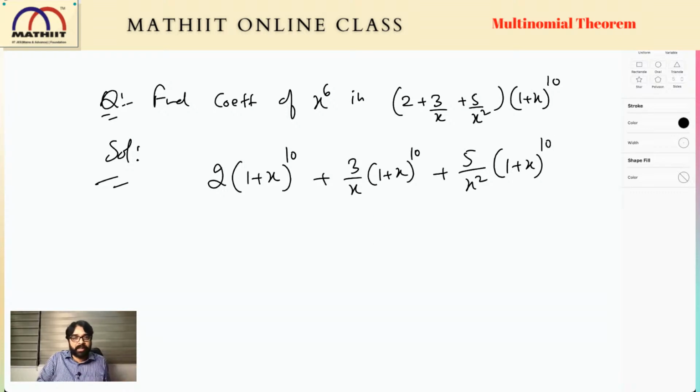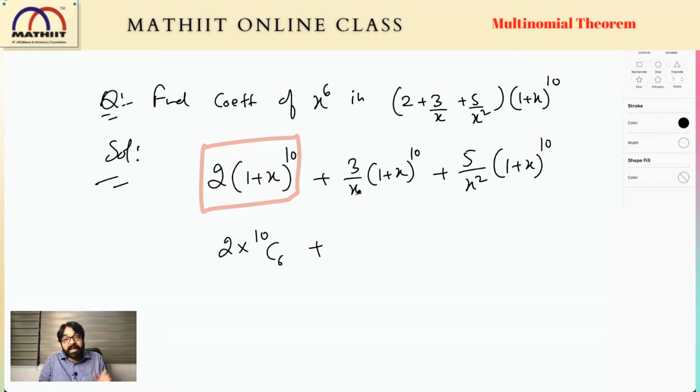Now start the game. I want x power 6. Will it give? Yes, very much. He's saying my capacity is up to 10. What about 6? 6 I can easily give, by 2 into 10C6, plus. Now, careful. 3 by x is there. Wait, the denominator is there, no? I want x power 6.